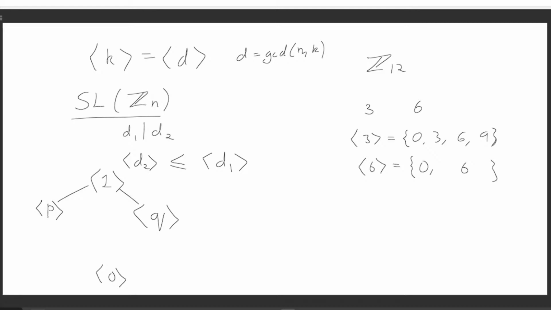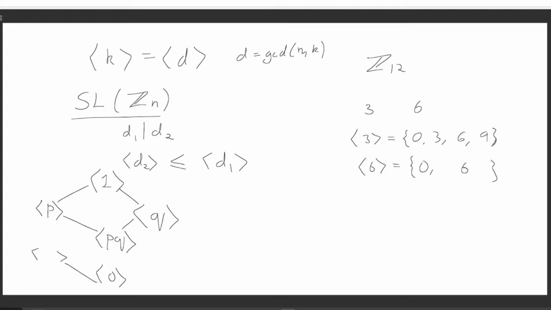Now, if you take some other divisor, for example pq, which is also one of the elements, let's say it is not n, so not 0, it will be contained in both of them. Correct. So basically, you get this lattice structure.